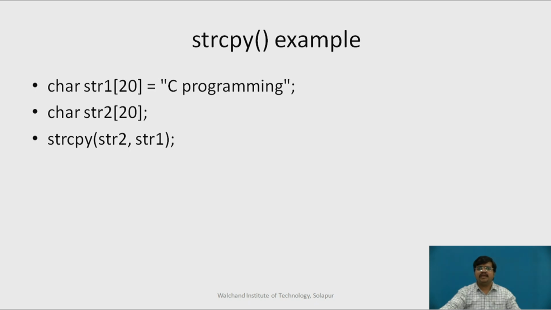And we are declaring another empty string, str2 of 20. In this case str2 is my destination, and str1 is my source. So I am copying the string from source to destination. This will be the use of the second library function, strcpy, that is copy.